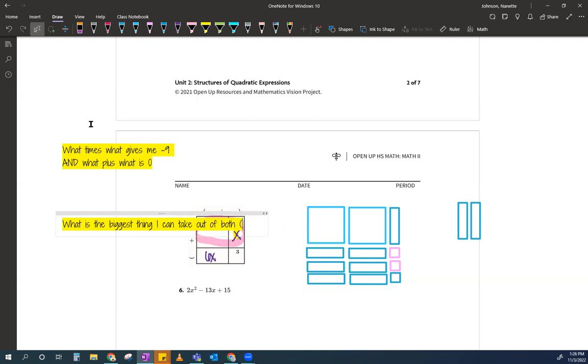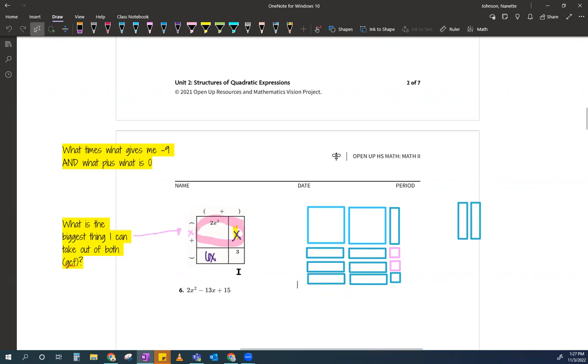Also known as the greatest common factor. Okay, what's the biggest thing I could take out of both in the top row, right? Oh, someone said X. Very good. It is X. In this first row, it's X.